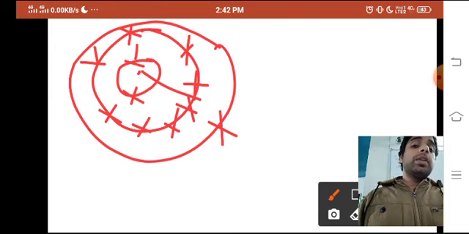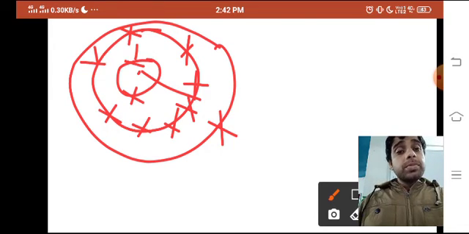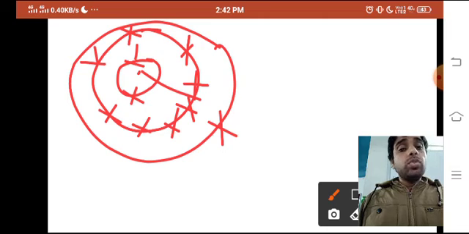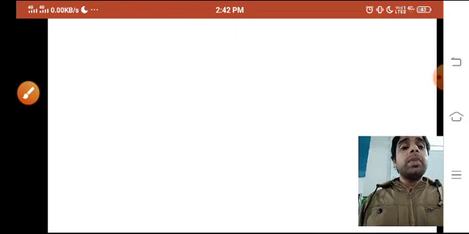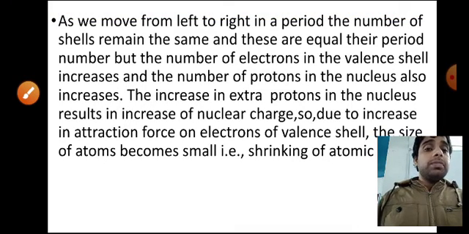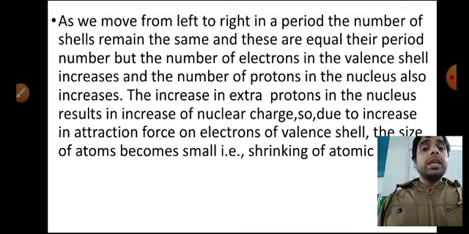Okay, now 2, 8, 1. And in magnesium also, 2, 8, 2 would be there. What you are seeing is that the electron number is just increasing. And the shell remains the same, equal to the period number, but the number of electrons in the valence shell increases.